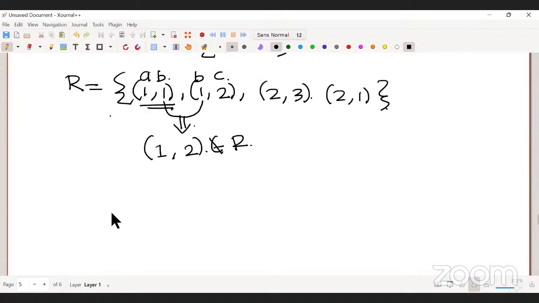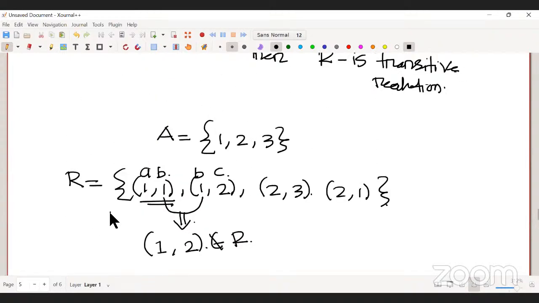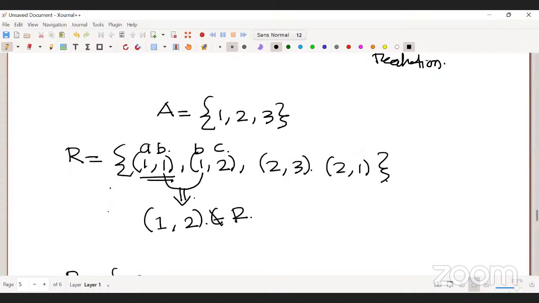Let me take one more example. (1,1), (1,2), and, sorry, I guess I made a mistake here. I guess it's not a transitive relation. So here (A, C) is basically what? (1,2) exists.